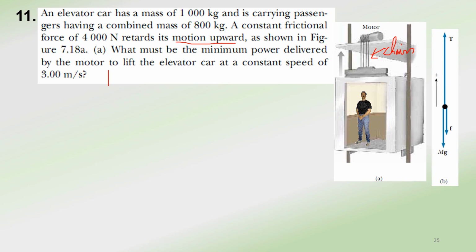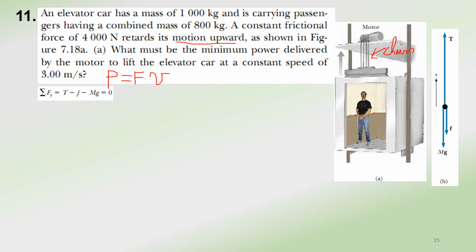This means that if we are given the forces and the speed, we know that the power equals the force times the speed. Here we need to know what the force is that governs the motion of the elevator and people.